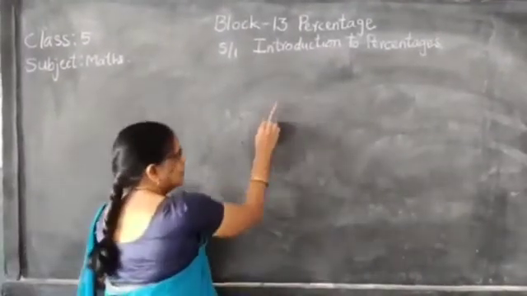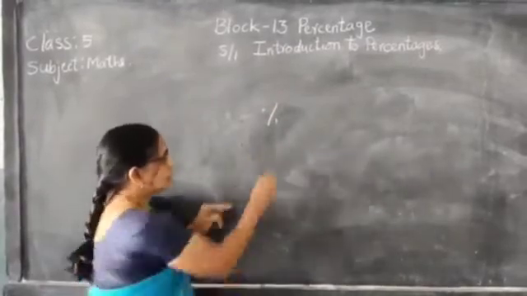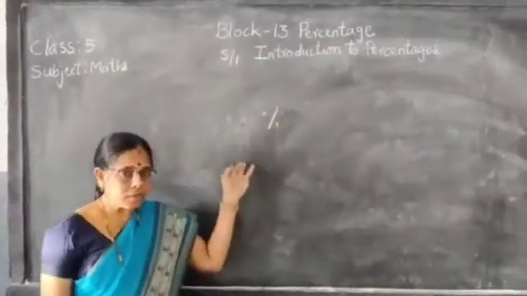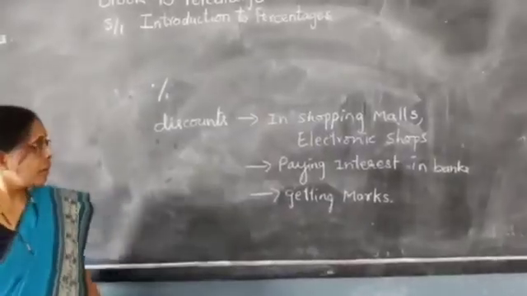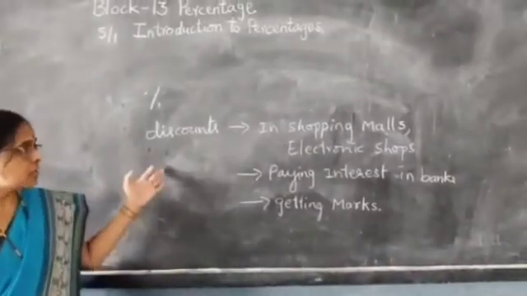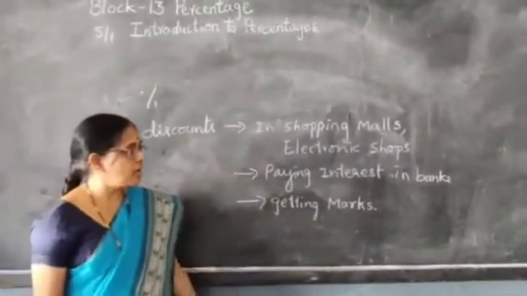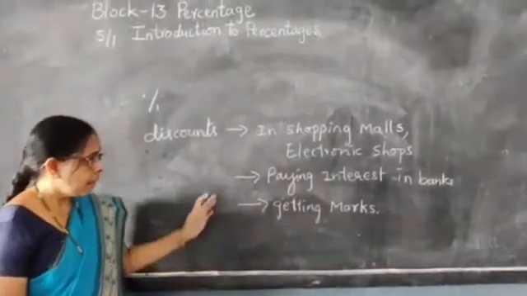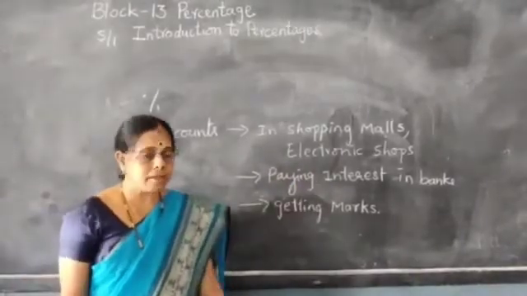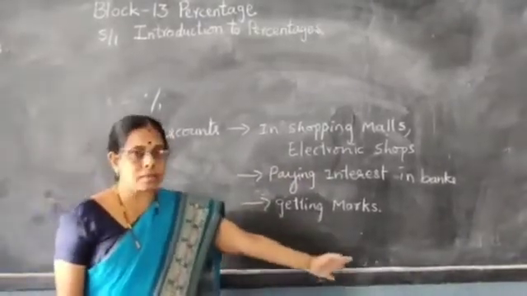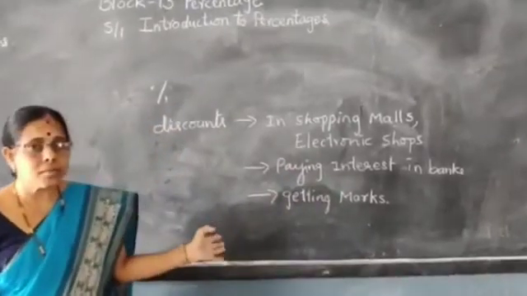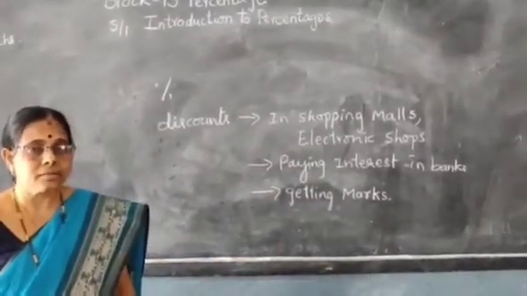So this is the percentage symbol, children. Where is it being used here? We use it in discounts, for example, in shopping malls and electronic shops, and also in paying interest in banks and getting marks. In all these you can see the percentage symbol.